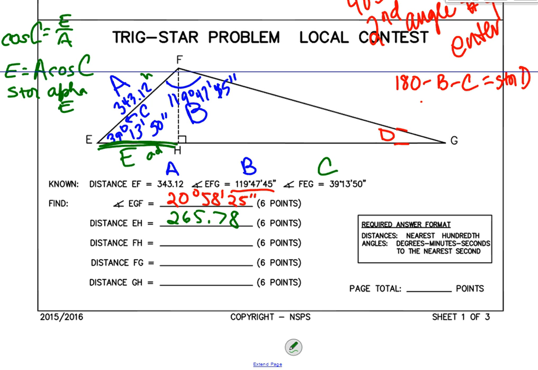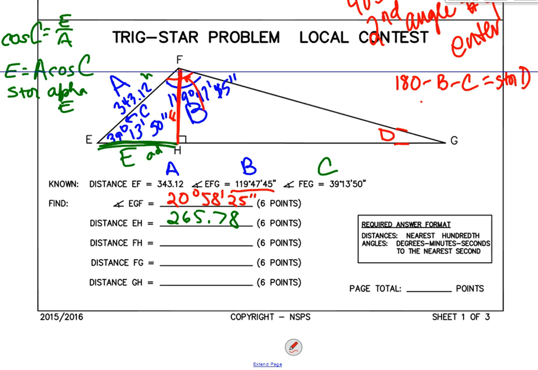Then it asks us to find FH. So FH is this side of that one. In this case, I have to be careful here because B is that angle, the big angle. And what am I on, A, B, C, D, E, F. I'm going to call that F. Do I have all 3 sides? I can use the Pythagorean theorem, or I can use some version of trig.